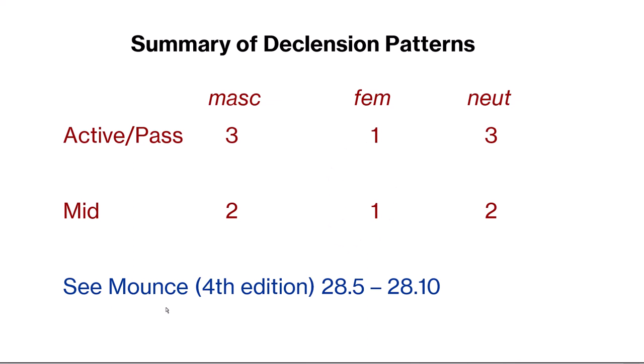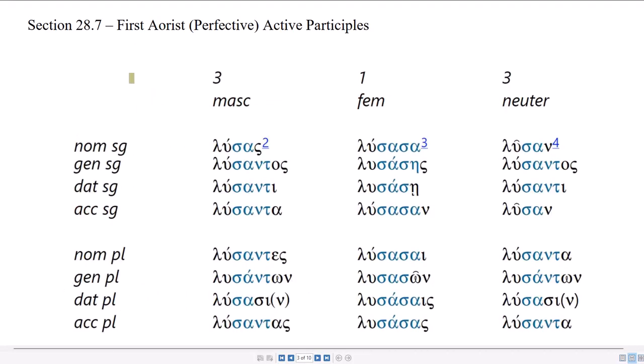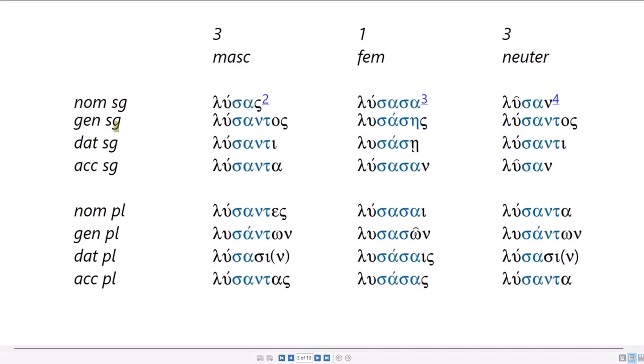In Mounce's book, this is in sections 28.5 through 28.10. So let's look at section 28.7 of Mounce's textbook. This is the first aorist active participles, which he calls perfective. Often it's a good idea to look at the genitives first.